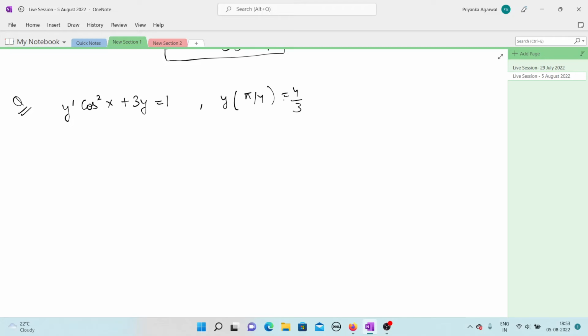So you guys want to give it a try to solve this question and let me know in comments what kind of equation is this first.